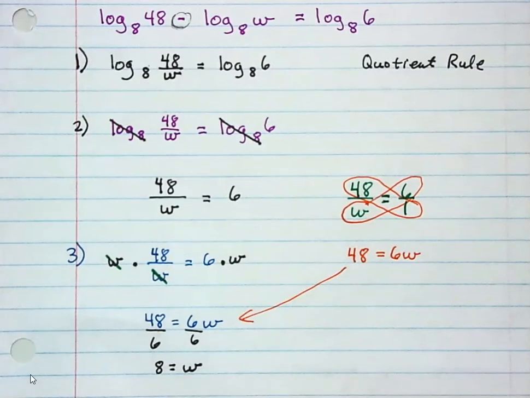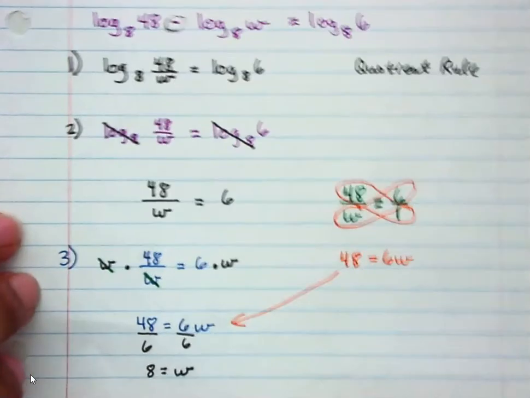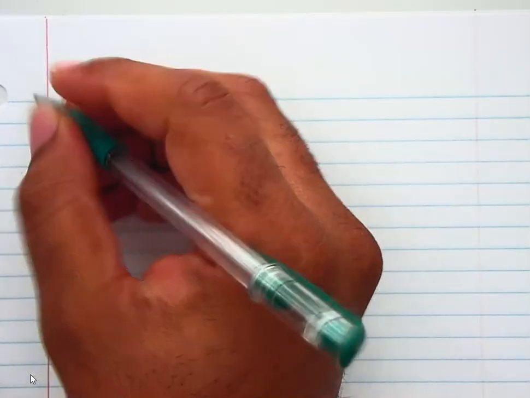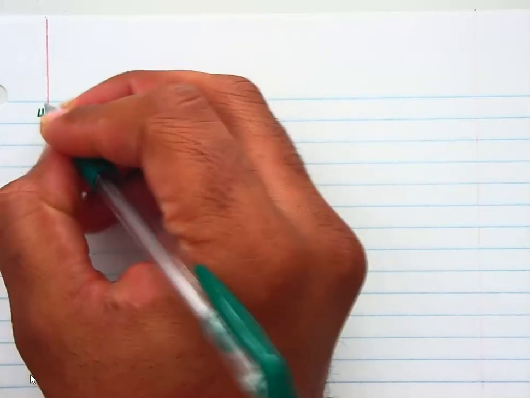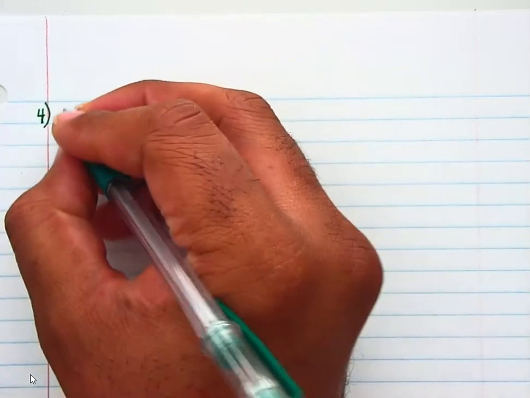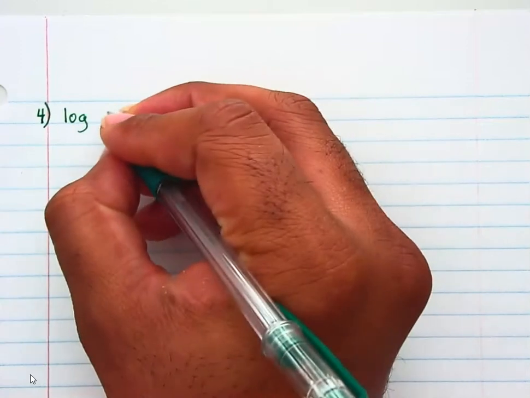All right, so we solved it and we got 8 for the answer. And then the last step is checking it to make sure that 8 works in the original equation. You guys actually know how to do this in the TI-84 calculator. I showed you that in the original notes. But I'm also going to show you now in Desmos how to do this.